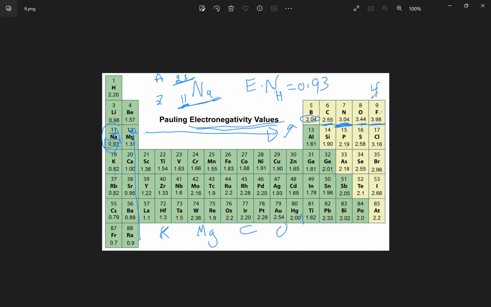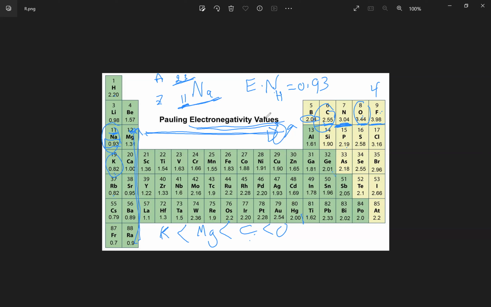I didn't mix them. So as you see, potassium is here. It has less electronegativity than magnesium, and magnesium has less electronegativity than carbon, and carbon has less electronegativity than oxygen. So electronegativity increases as we go up, and increases as we go this way.